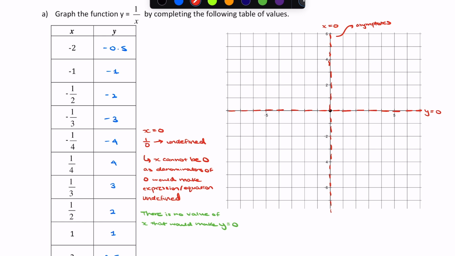And so let's sub some of these values in. Here, if we have -2, we have -0.5; -1, -1; -1/2, -2; -1/4, and -4. So it looks something like this.